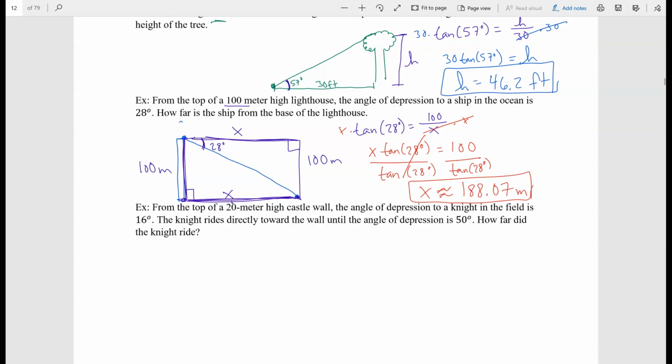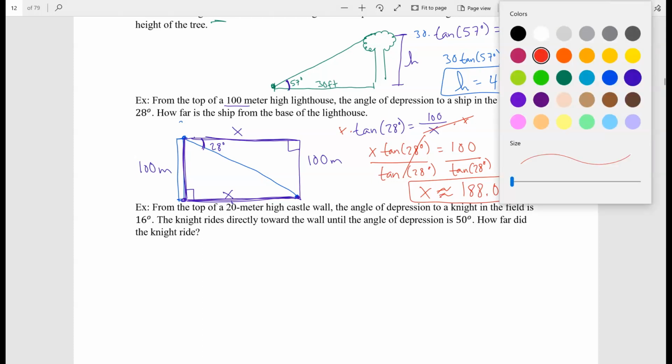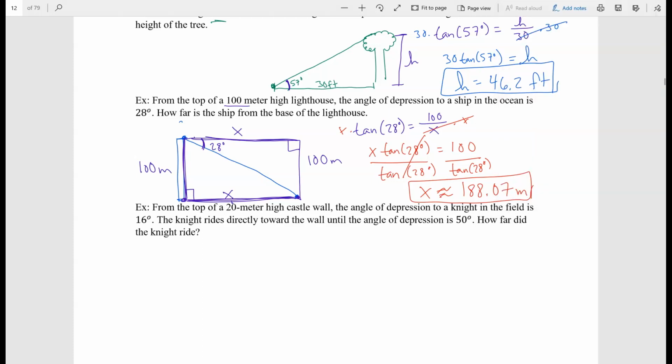Another way that you could have done this problem is that you can see that this whole thing is a 90-degree angle. So if this is 28 degrees, let's find the complementary angle of that. This guy is just going to be 62 degrees. And then from 62, we can find the opposite over the adjacent side.